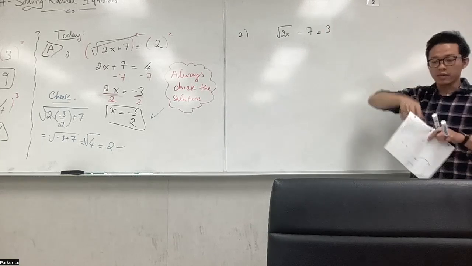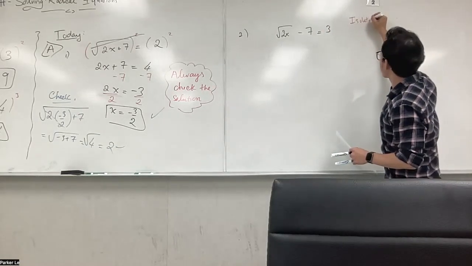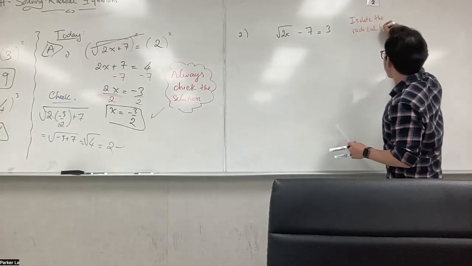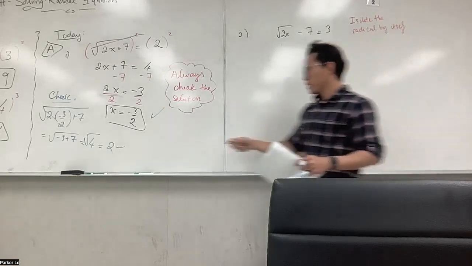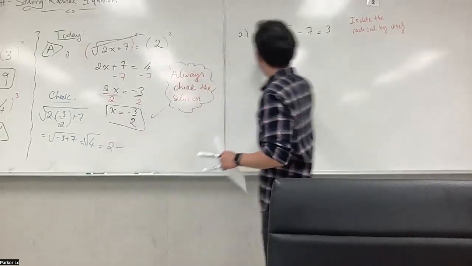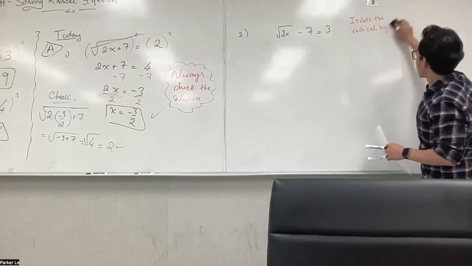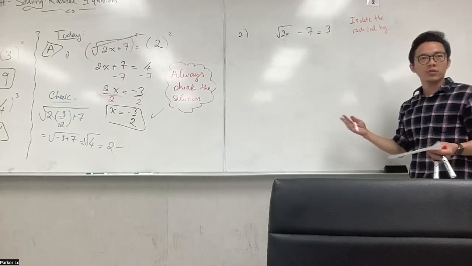Because, okay, the note right here is you need to isolate the radical by itself. This is a radical. Radical with a square. They don't say square because sometimes it's not a square. This is a cube root, fourth root.